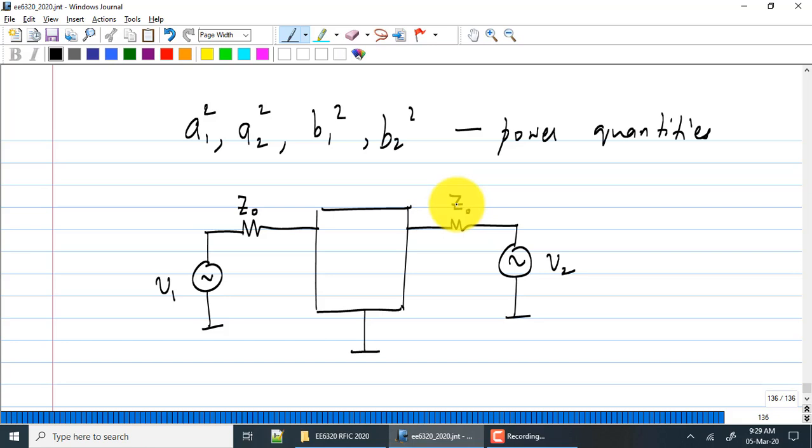Suppose you are checking a one-port system. S parameters can be defined for any number of ports. If you're talking about a one-port system, it will simply look like this.